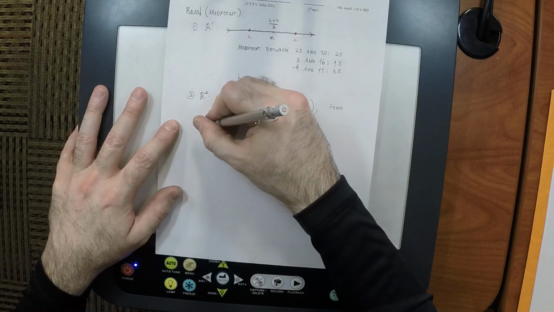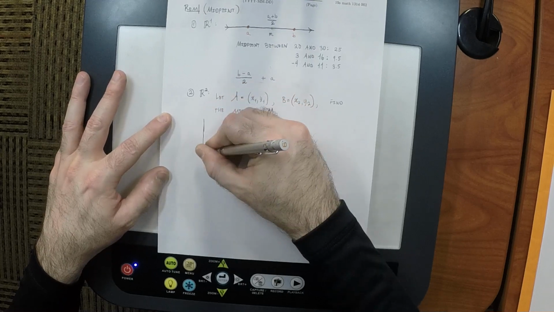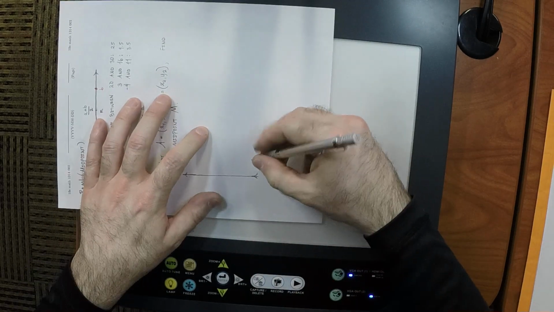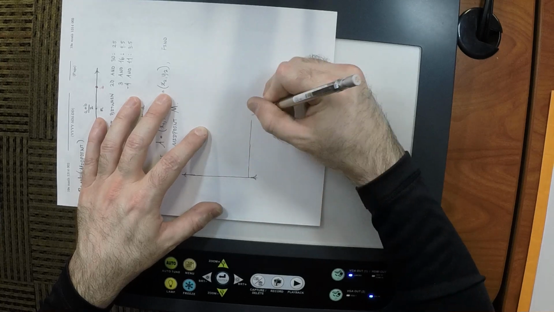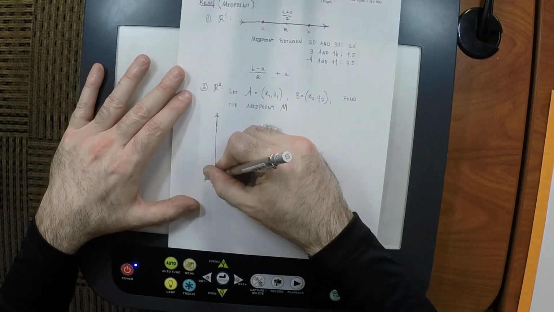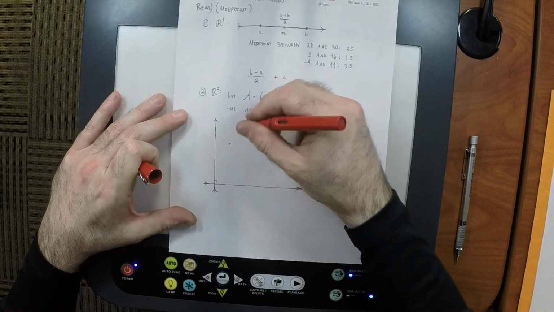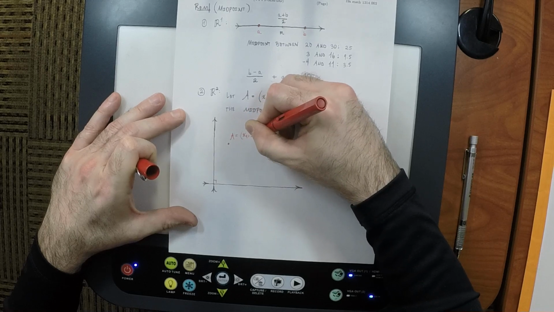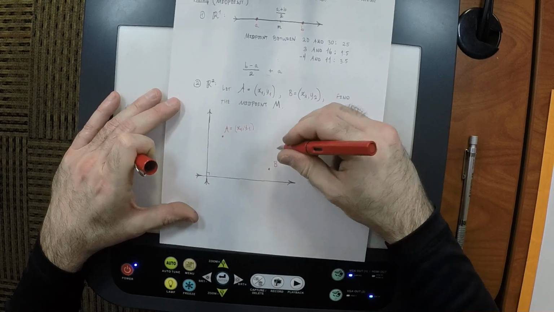All right, so here's the idea. We've got 2 points, A, x1, y1, and B is x2, y2.